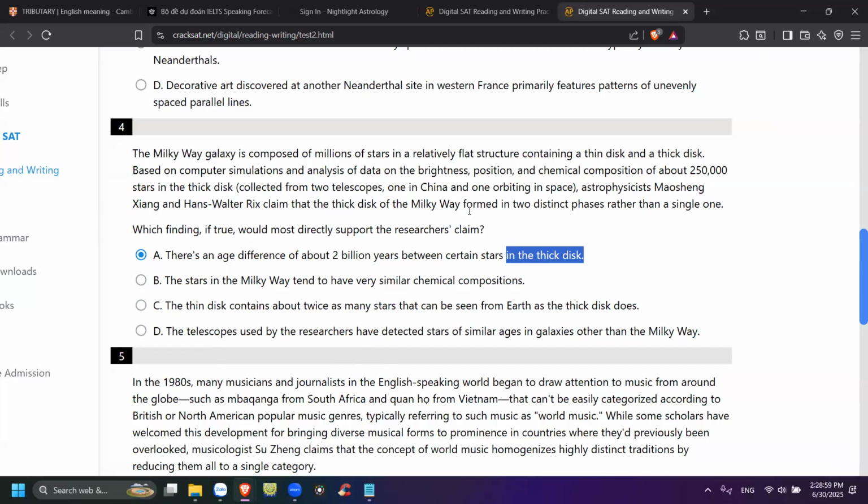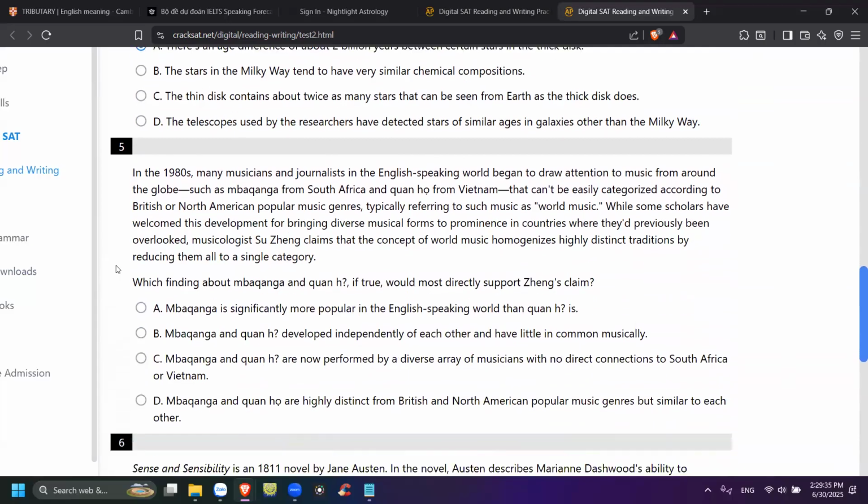It means they formed in two distinct phases, two distinct timelines. Oh, I see. There you go. I understand why B, C, and D are incorrect, and I also thought A was incorrect, but now it's correct. So A. Okay, number five.